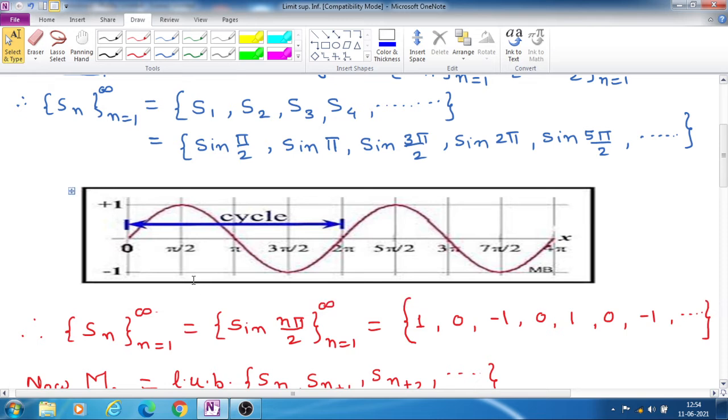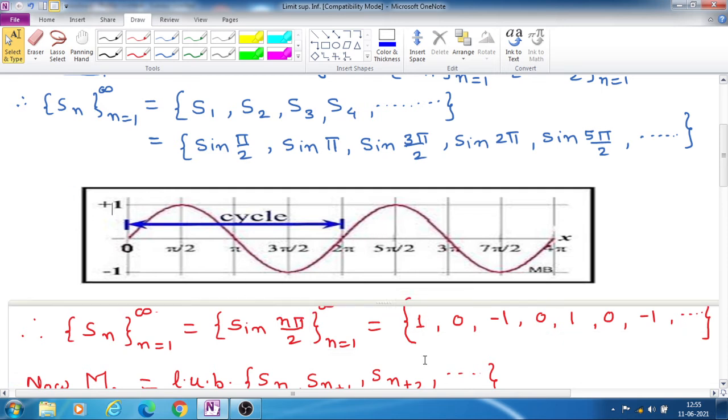So you see that after each distance of pi by 2, the sin values are: sin pi by 2 is plus 1, the next value is 0, the next is minus 1, the next is 0, the next is plus 1, then 0, then minus 1, then 0.